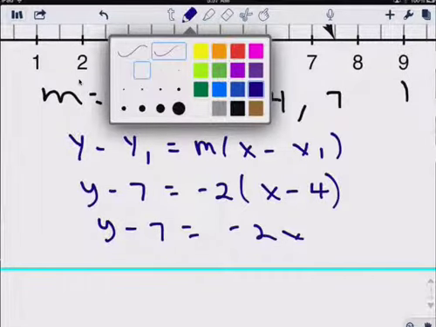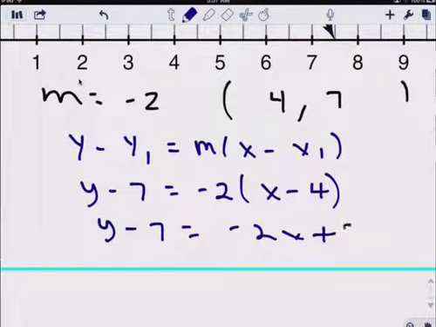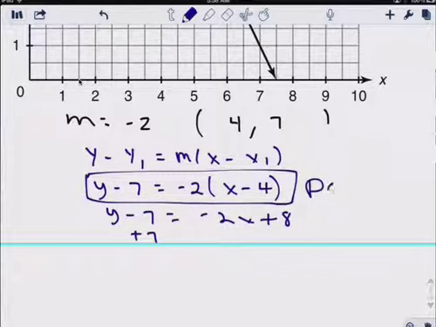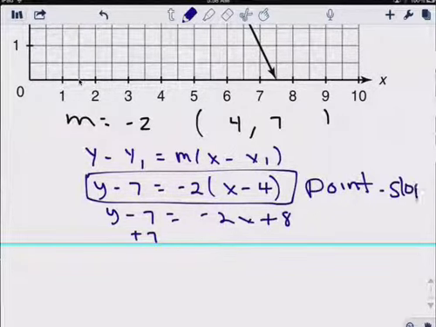Plus 8. Okay, then you add 7. This is point slope. Be careful what the question asks. Point slope. Now we're going to do the y-intercept.